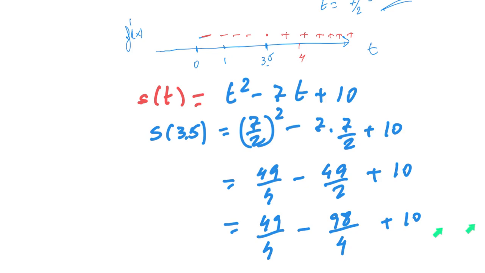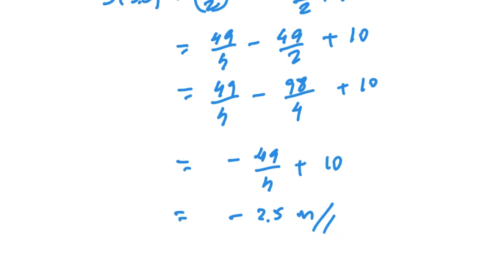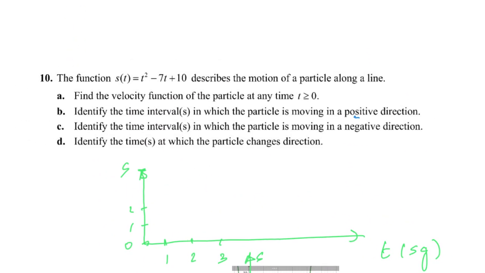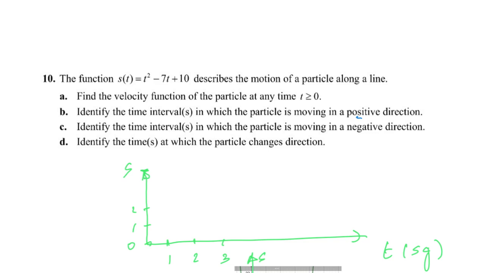You will find that the position is minus 2.5 meters, I think. So, to answer all these questions: find the velocity function of the particle at any time. Well, this is the velocity function. This is the derivative of s with respect to t. This is 2t minus 7.